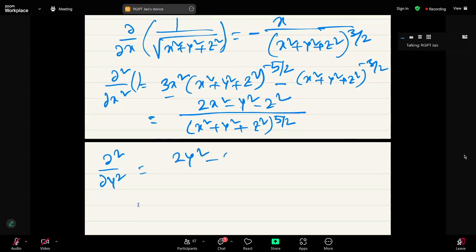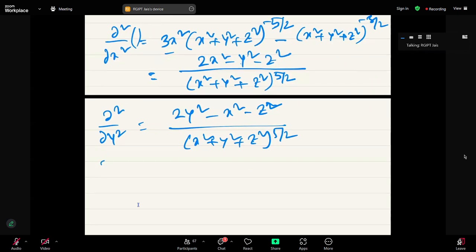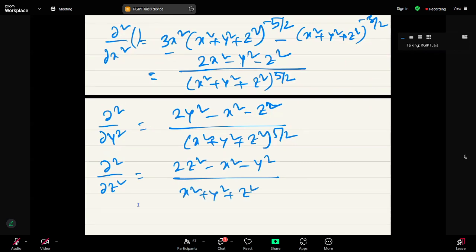So this will be 2y square minus x square minus z square divided by x square plus y square plus z square to the power 5 by 2, and del 2 del z2 will be 2z square minus x square minus y square divided by x square plus y square plus z square to the power 5 by 2.